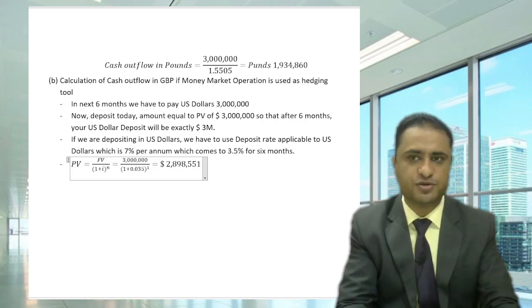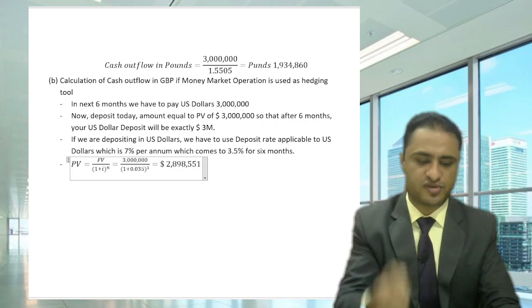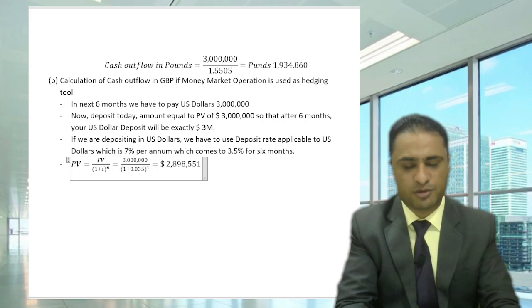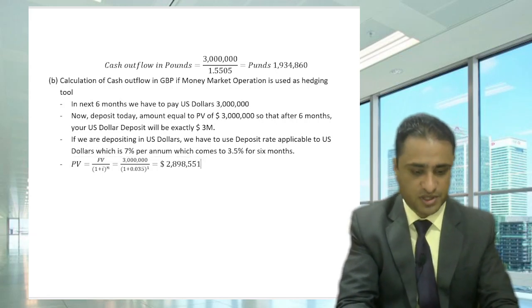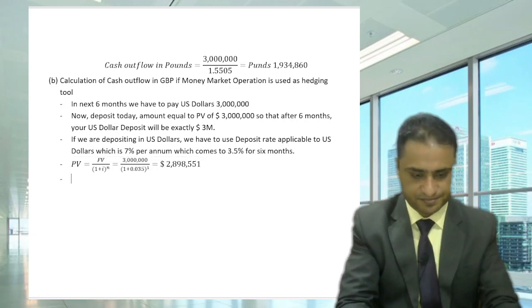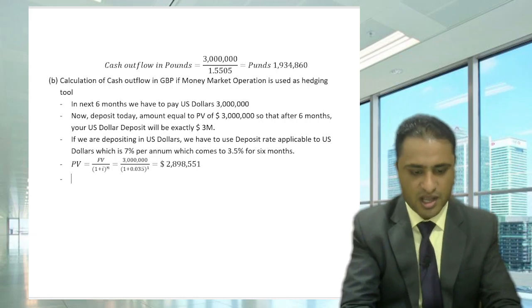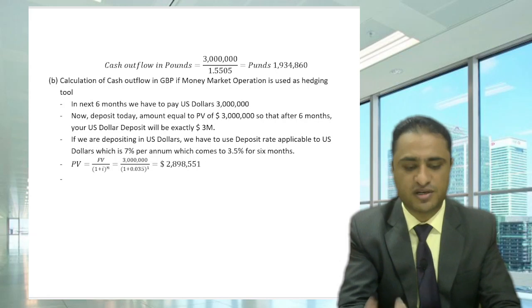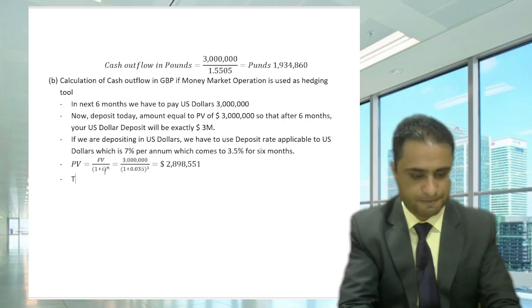Then you will withdraw those $3 million and pay your supplier from the US. Now, the question arises: how to get to 2,898,551 dollars today to invest?